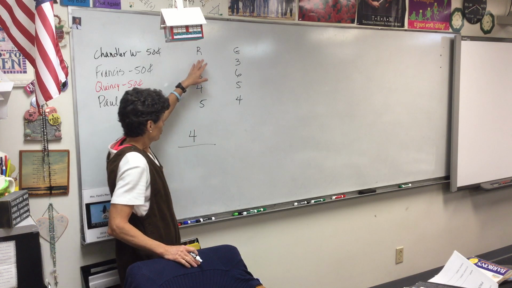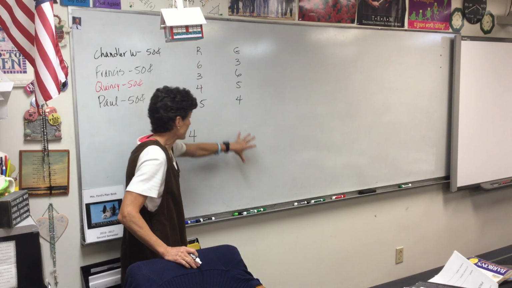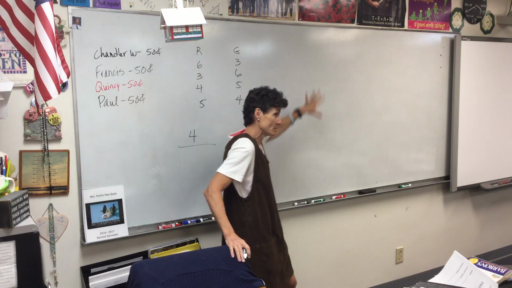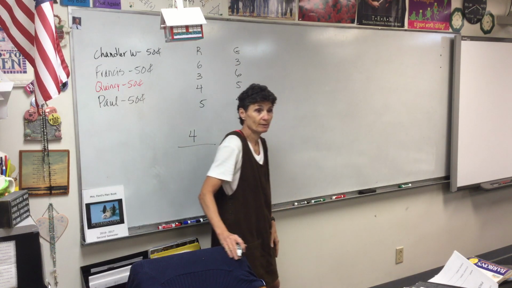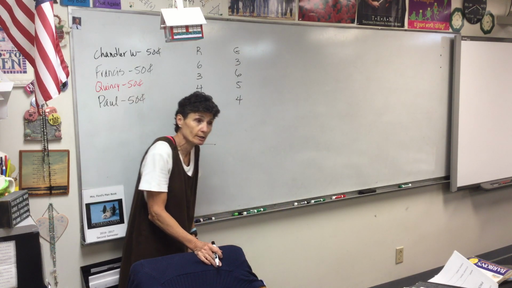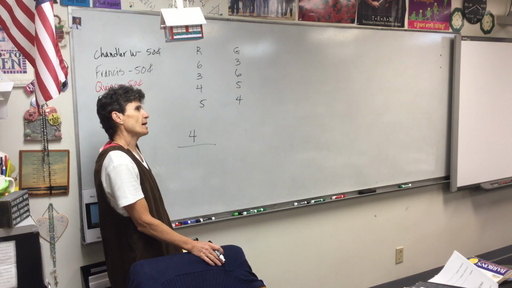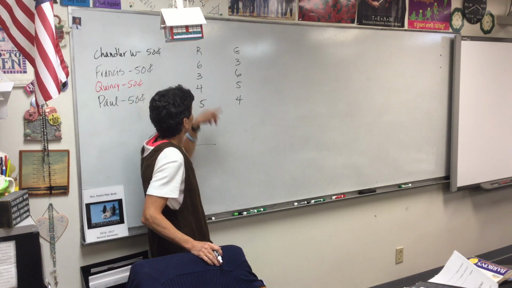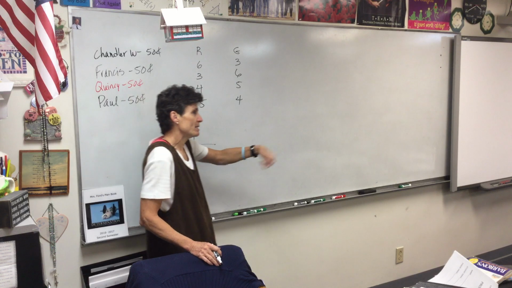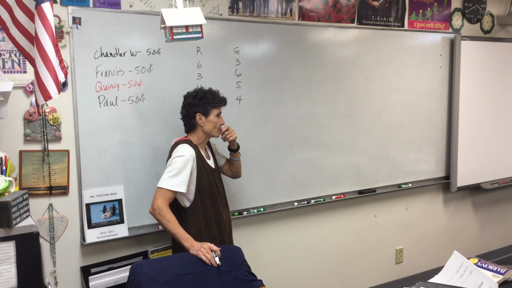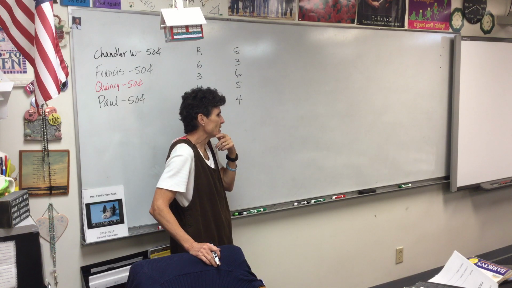Now, could we continue this and write out all the possible options? Absolutely you could. That would take a while, but it would work. You can also just kind of think about it for a minute. When I throw this red one, how many ways could it land? 6. Then I throw the green one. How many ways could it land? 6.